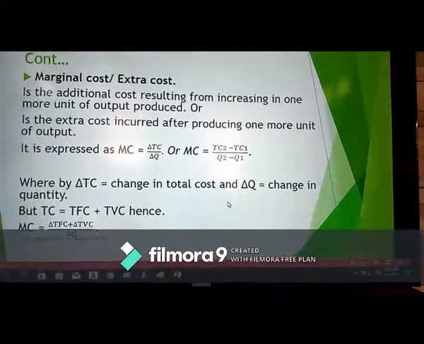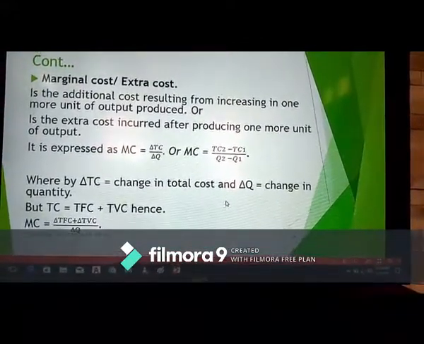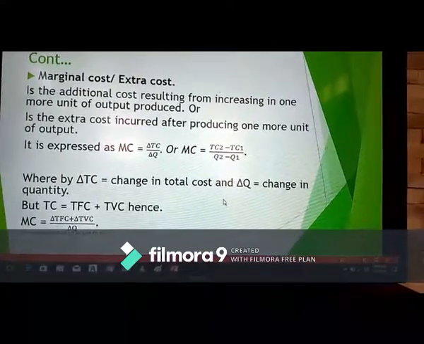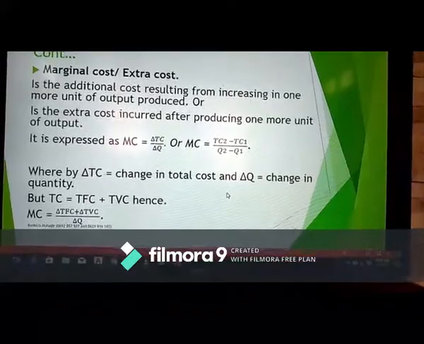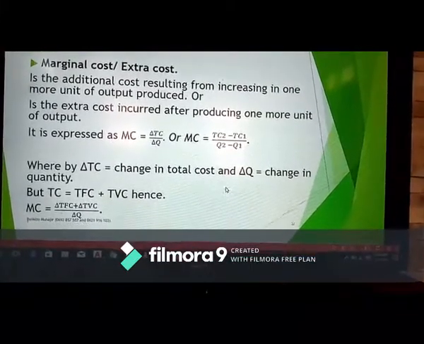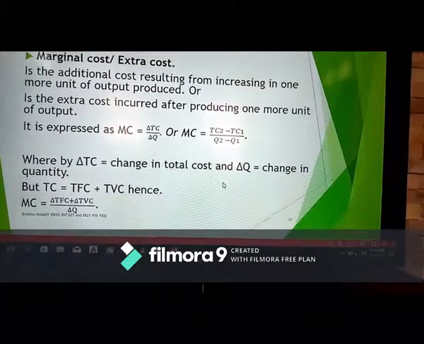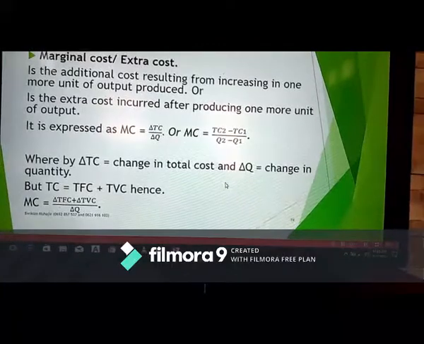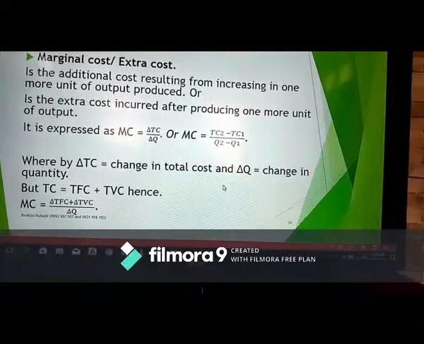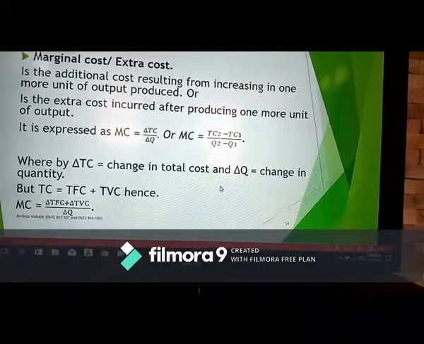The last part under the cost of production is the marginal cost, also known as extra cost. This is the additional cost resulting from increasing by 1 more unit of output produced, or the extra cost incurred after producing 1 more unit of output. With the marginal cost of production, we ascertain the cost incurred by each additional unit of output.